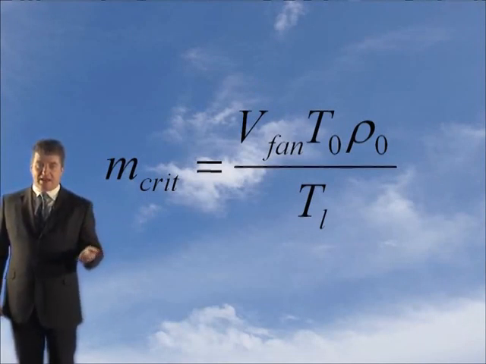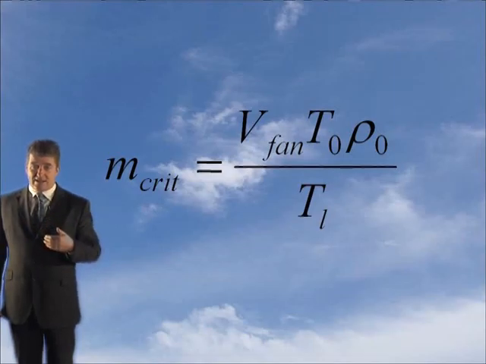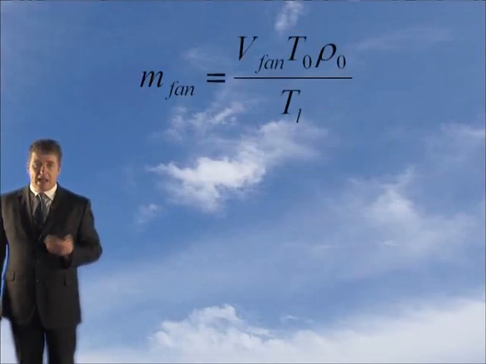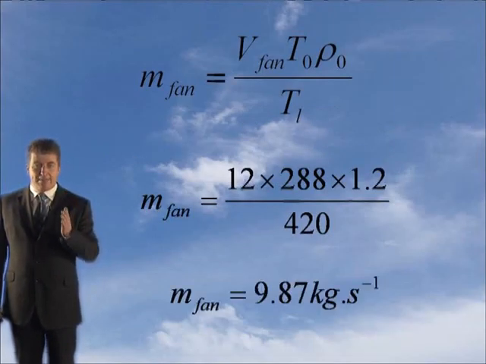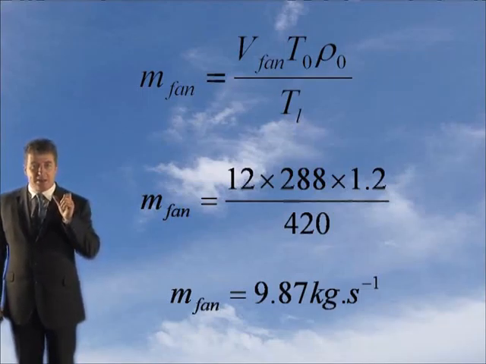M equals V fan times T0 times density 0 divided by TL. If you'd have put them in, you'd have got 9.81 kilograms a second. So that's the mass flow rate of smoke leaving each fan. We know the critical exhaust rate is 18.96. We're going to get 9.81, so we can be confident that plug holing will not occur. So that covers that step. Plug holing will not occur.